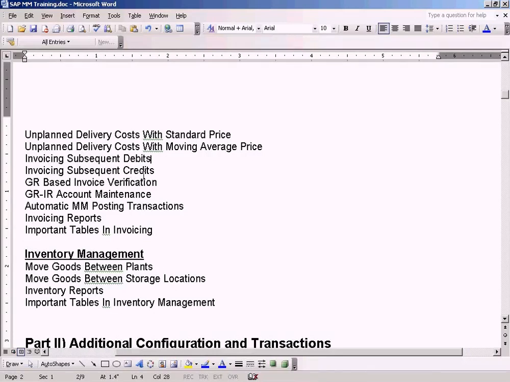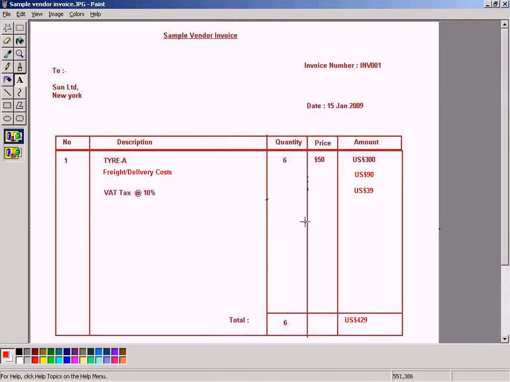That's the reason we have subsequent debits and subsequent credits, because they are done on the invoice total value and not on the invoice quantity value. So that's the advantage of subsequent debits and subsequent credits.